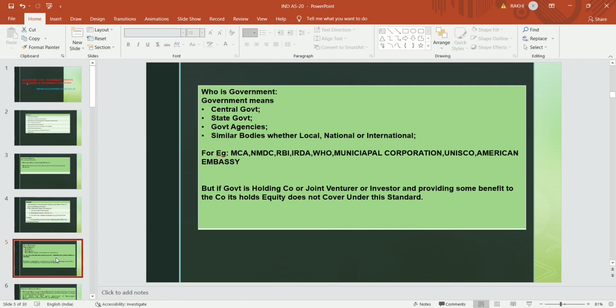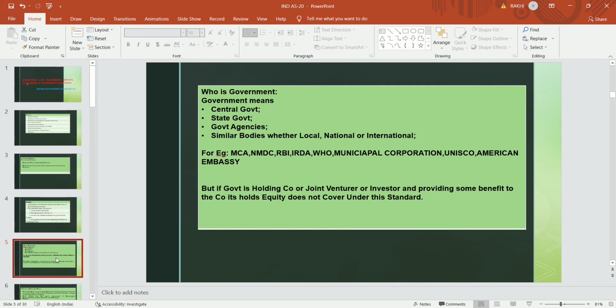Municipal Corporation of Kolkata, West Bengal, Municipal Corporation of Delhi, anywhere the municipal corporation is included in government, and UNESCO is an international body, American embassies, all these are the agencies.